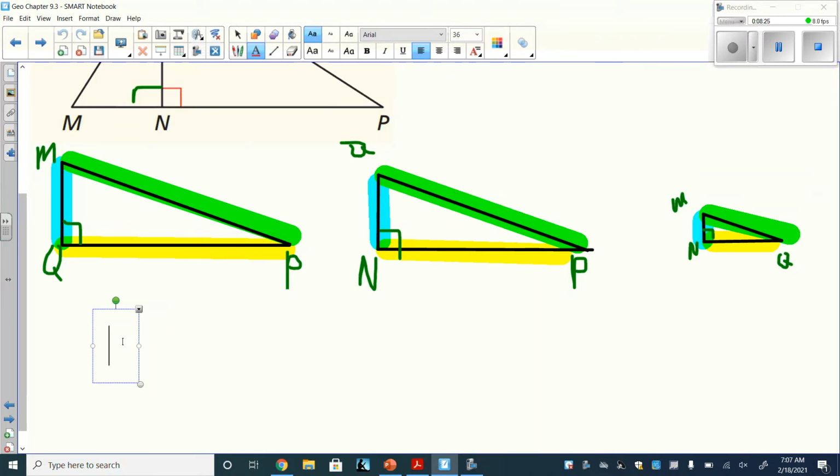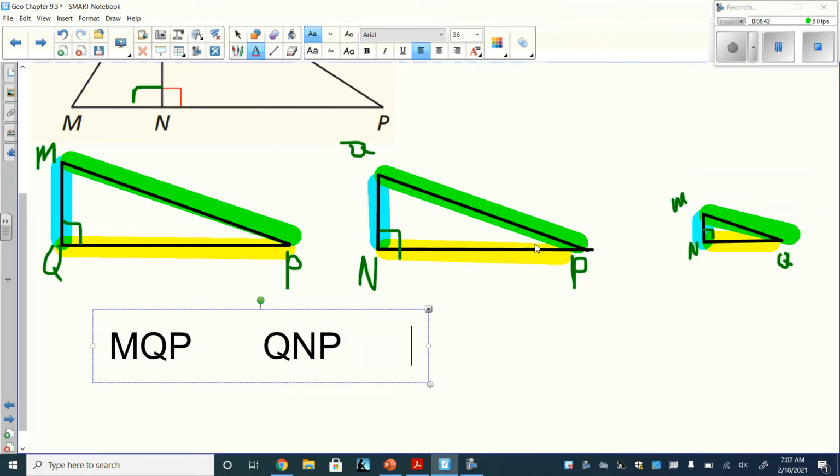Now the way we name the first one isn't really important, so I can say MQP. MQP is going to be similar. So I started with the blue and then went yellow, so we're going to start blue, yellow, which is going to be QNP. And lastly is going to be MNQ.